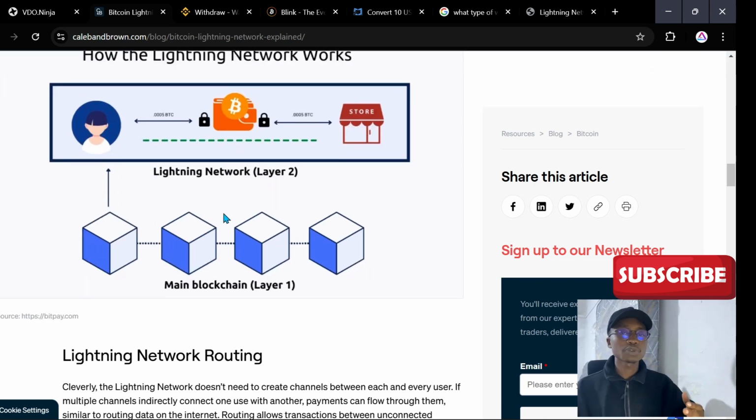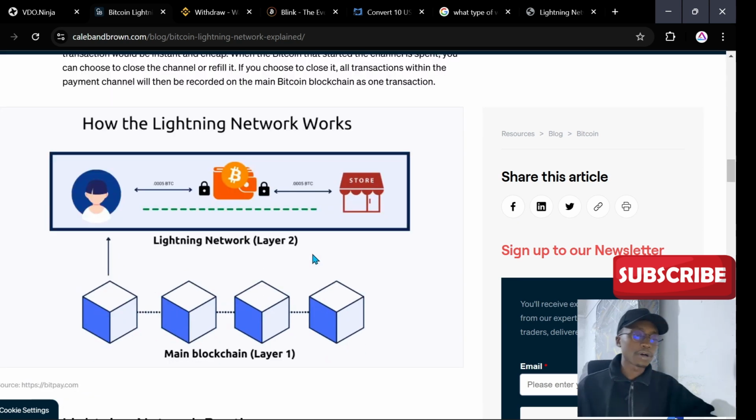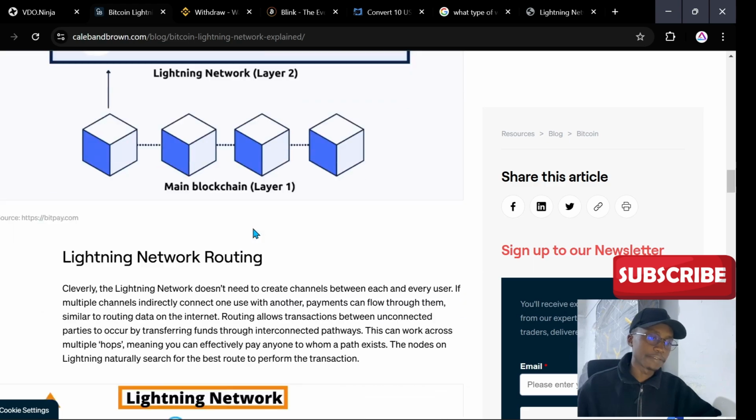The Lightning Network was introduced to unburden how the Bitcoin transaction is, because as you can see in this diagram, for a transaction to be completed, it has to undergo various blocks, not as how the Lightning Network works between the user and the store, or between the two parties. So that makes transactions through Bitcoin very simple.